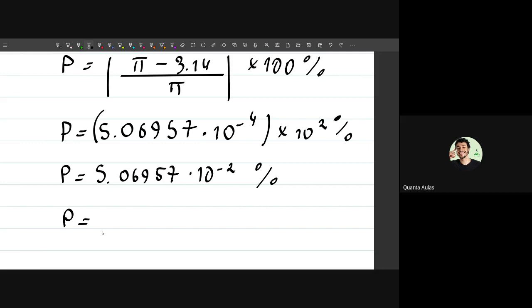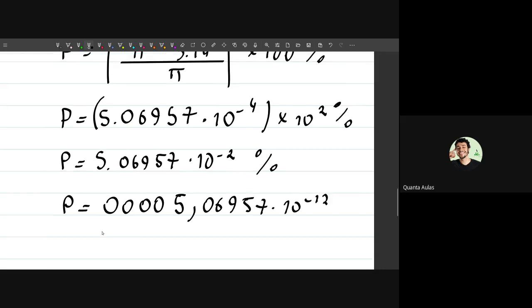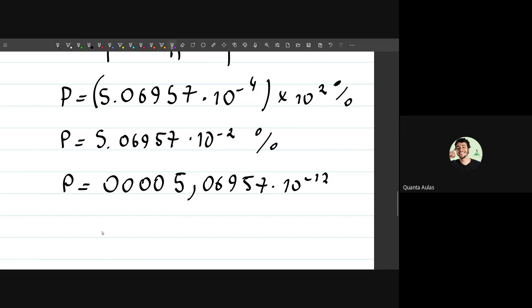So to do it, you need to put zeros. Let's put a lot of zeros. So you can take this point and bring it to here 2 times, 1 time, 2 times.